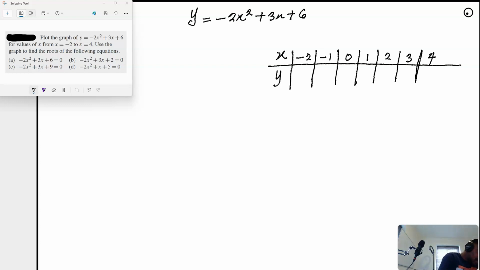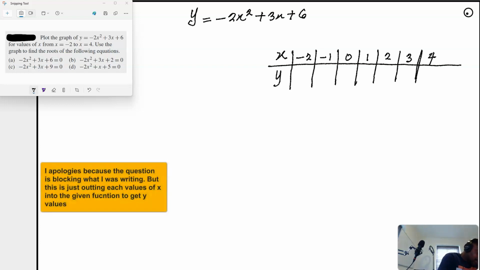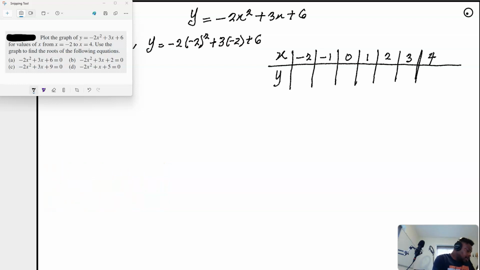So when x is equal to minus 2, let's see the value of y. In this case, I'm going to be using a calculator to make it very fast. So minus 2 bracket minus 2 squared plus 3 bracket minus 2 plus 6. So this will be minus 8.